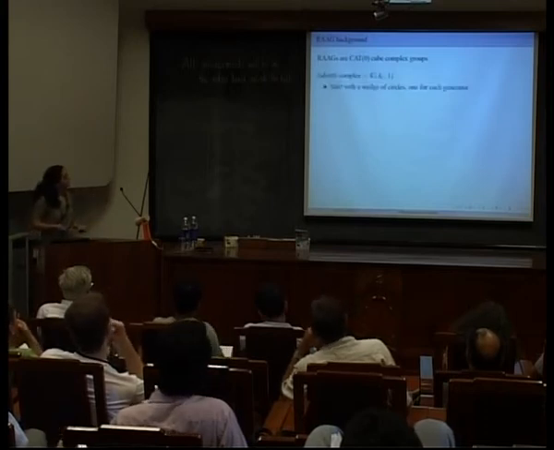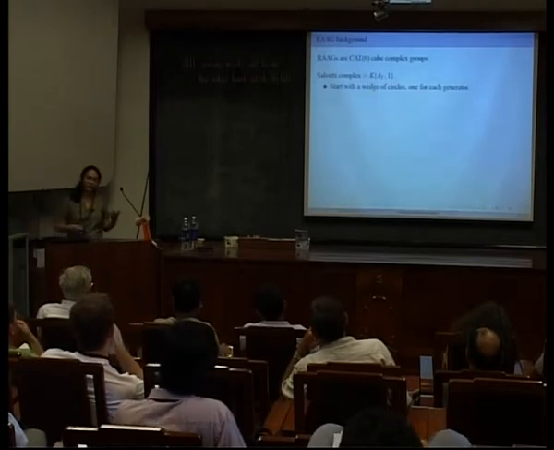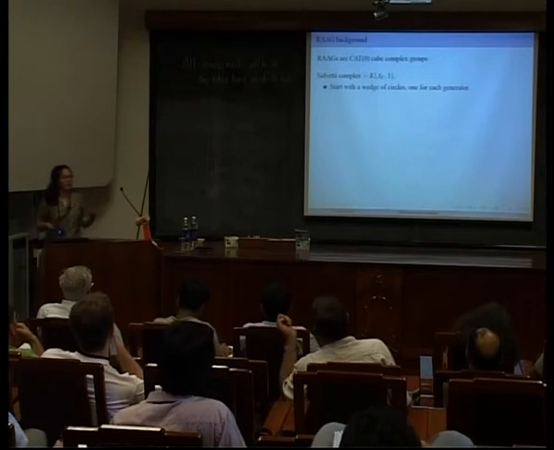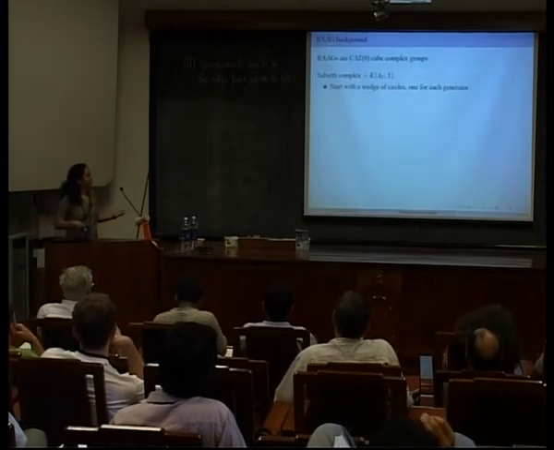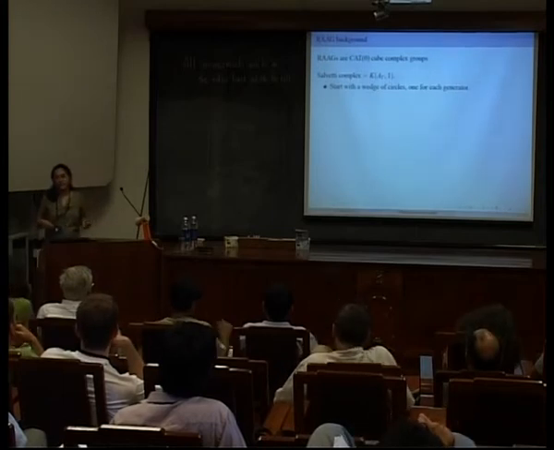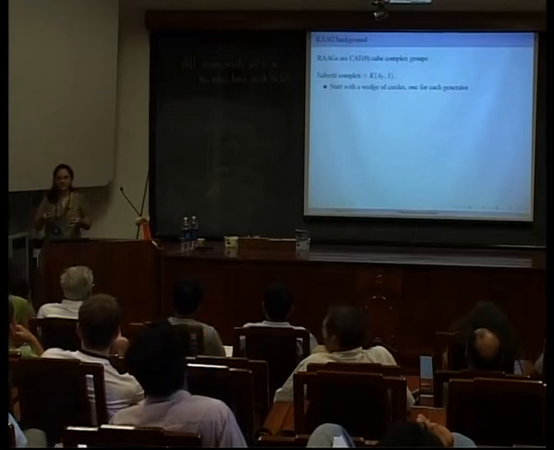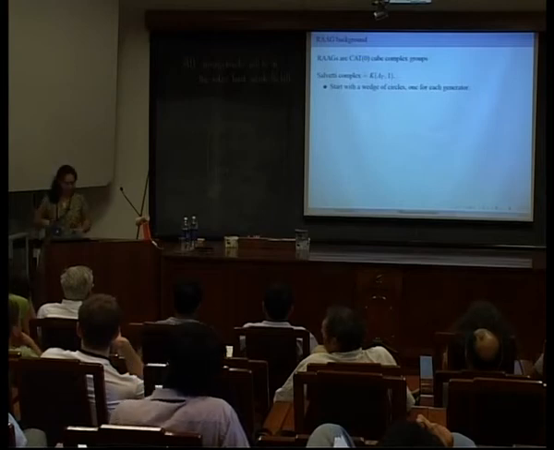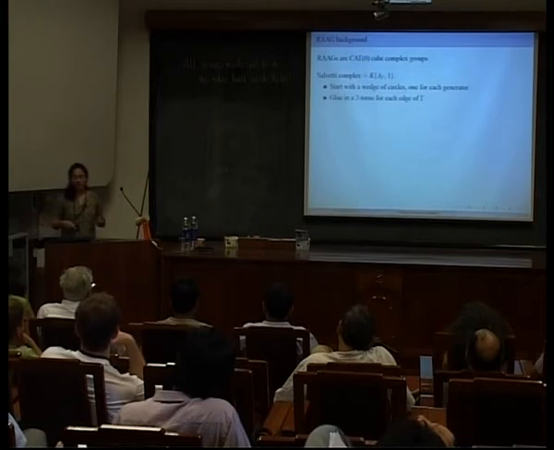So this complex is often called the Salvetti complex, and the way you build it up is you just start by building the presentation complex for the group. So what that means is you start with a wedge of circles, one for each generator. So you've got this wedge of circles, and each circle is labeled by one of the generators of the group. And then you glue in a 2-torus for each edge.